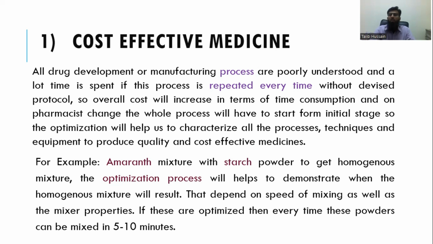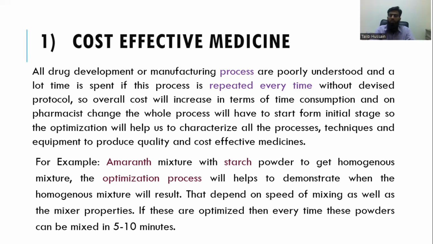And at lower speed, we will be confining it at the bottom, at the center, and it will not be mixing the side particles. So cost effectiveness will be achieved if the process is optimized based on the speed of the revolution and the time of the mixing.